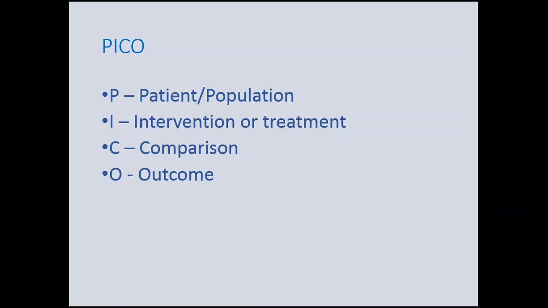And I'll talk a little bit after this about another tactic because there's kind of a difference. PICO is a really good one to use if you've got a specific clinical scenario in mind and you want to break it down and find out what are the most important pieces to pull out and use as your keywords in a database search.